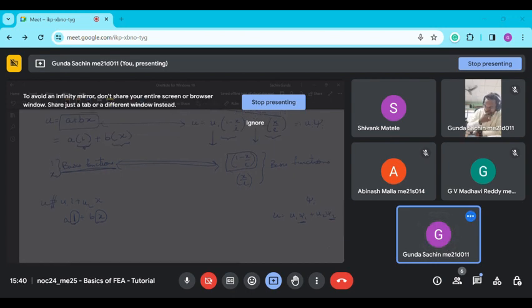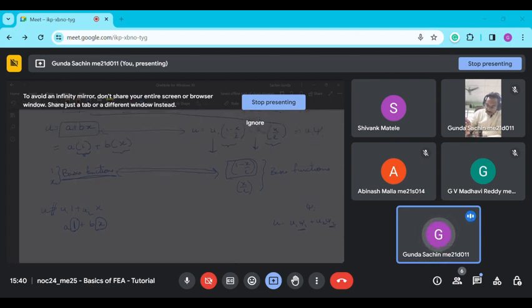Basis functions are nothing but, let's say your solution is linear and you want independent functions and then their linear combination to get the whole solution.